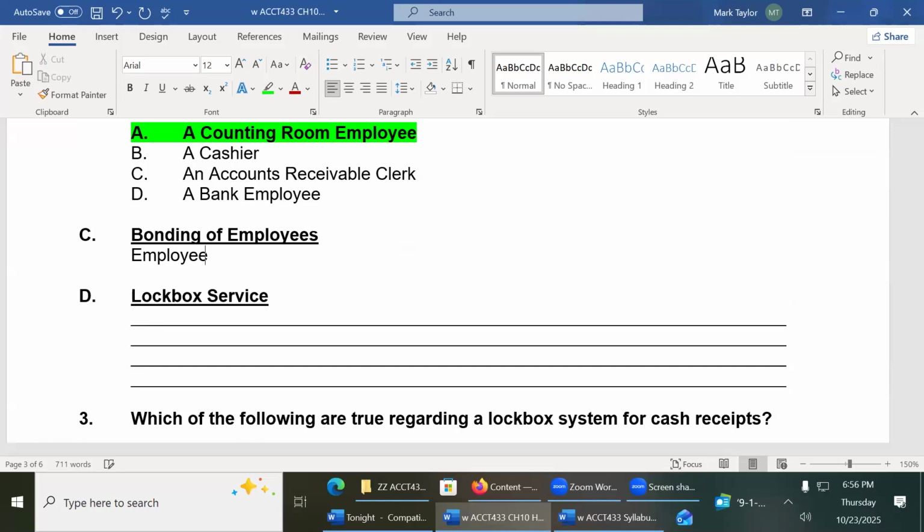Employees that have access to cash will often be bonded.